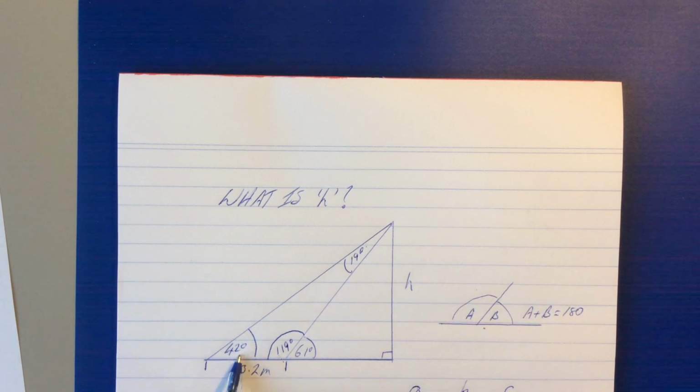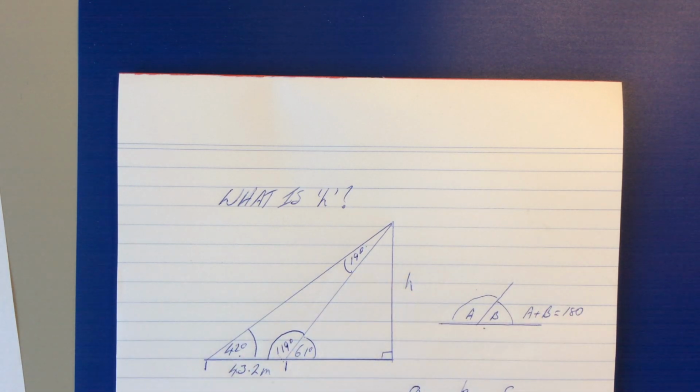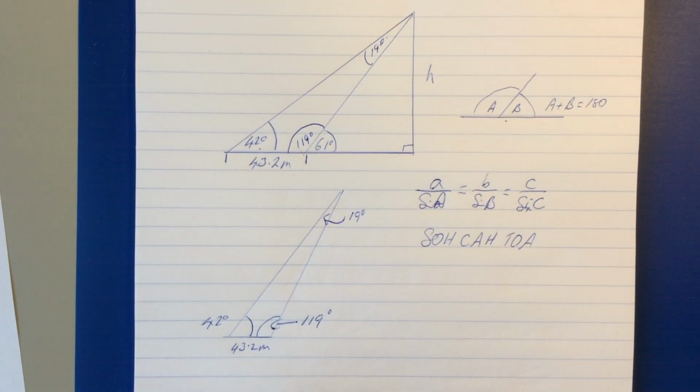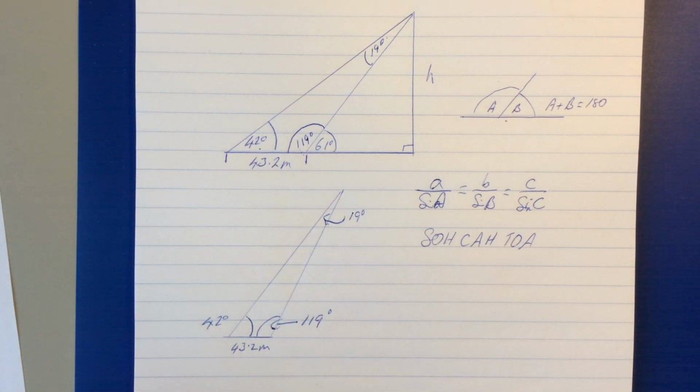So what we have is a lot of information about this triangle here. We could do the same here. I'm not saying that what I do is the only way to do this. It's not. Right, so let's move down the page, and as you can see, I was cheating. I had this all worked out. We have this triangle. It is not a right angle triangle. We know all the angles on the inside of it, and we know one length.